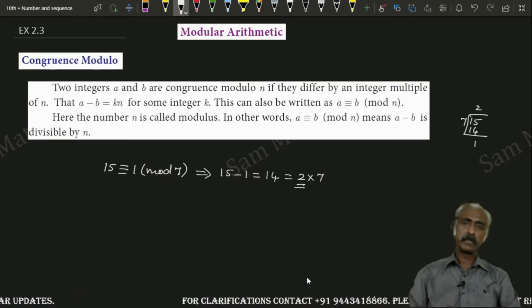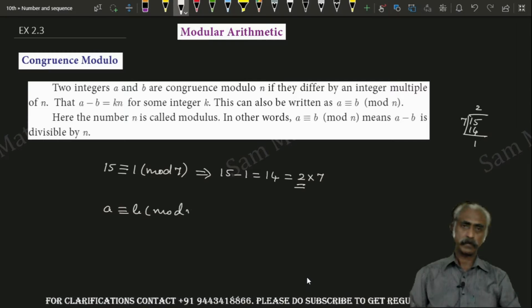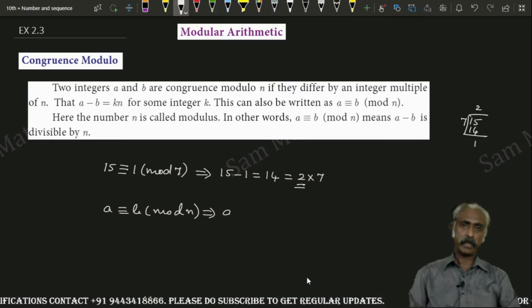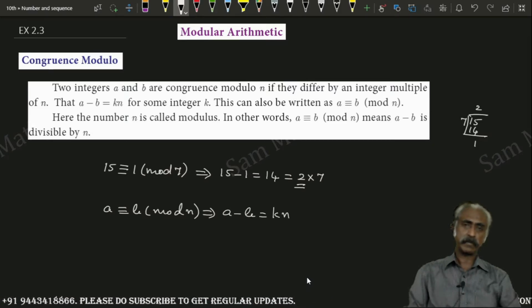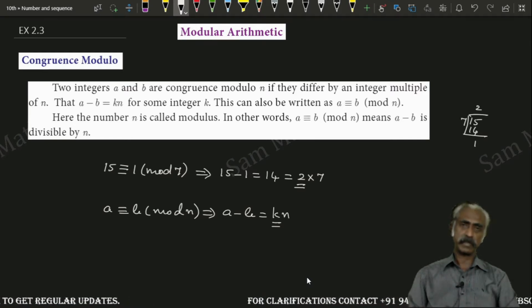Am I right? So generally we can write, if I am taking a is congruent to b mod n, which implies we can write a minus b is equal to some k into n for some integer k. Okay, children, for some value of k which will satisfy that.